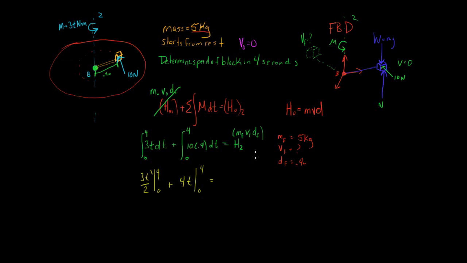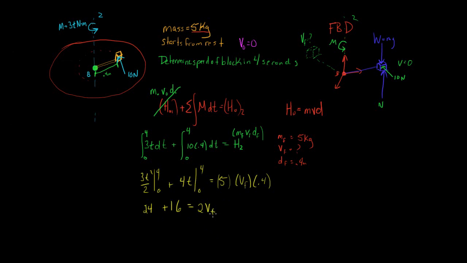And this is equal to this 5 kilograms times the final velocity we're looking for times this final distance, which is 0.4. So if we evaluate these integrals on the bounds, if we plug a 4 in here, we get 24. And then this is going to be plus 16 is equal to 2 times a final velocity.